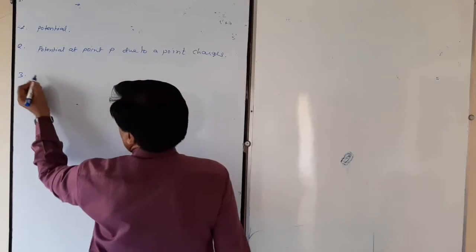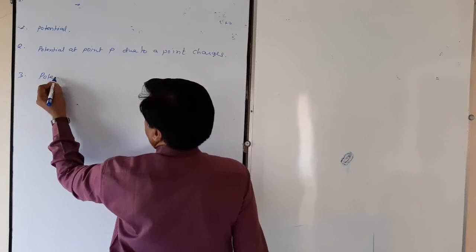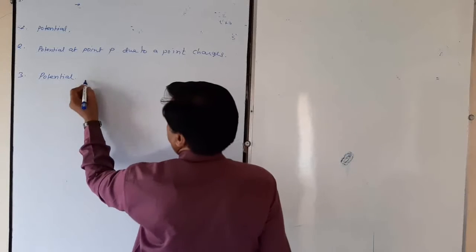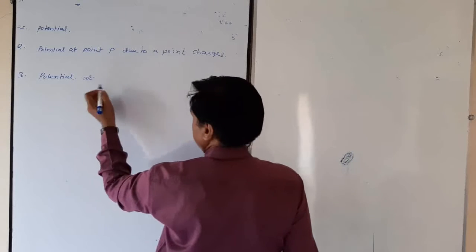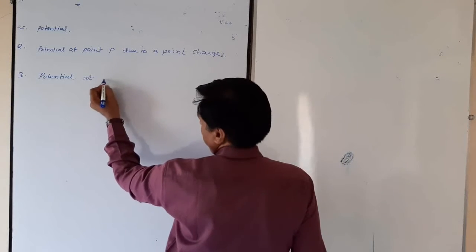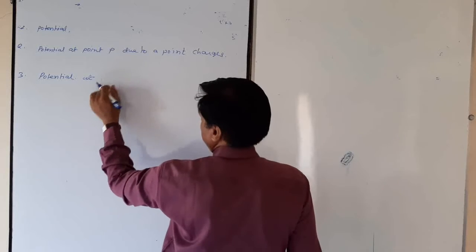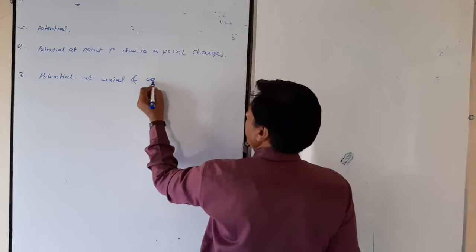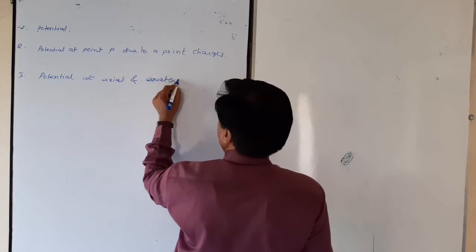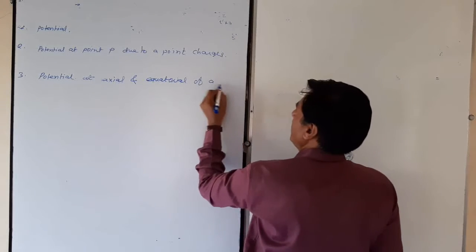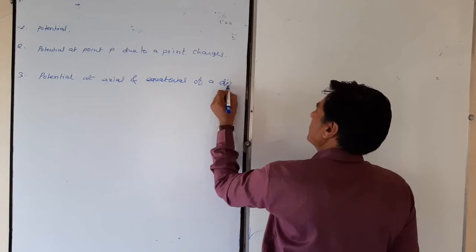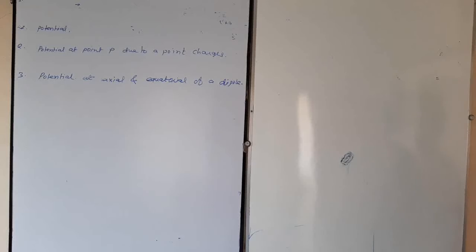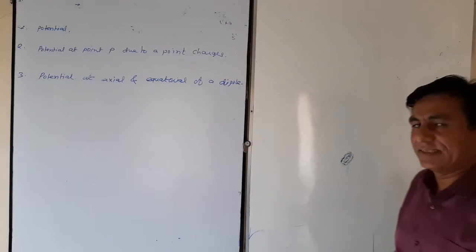Third, potential at the axial position and equatorial position of a dipole. These are the three terms we are going to discuss.